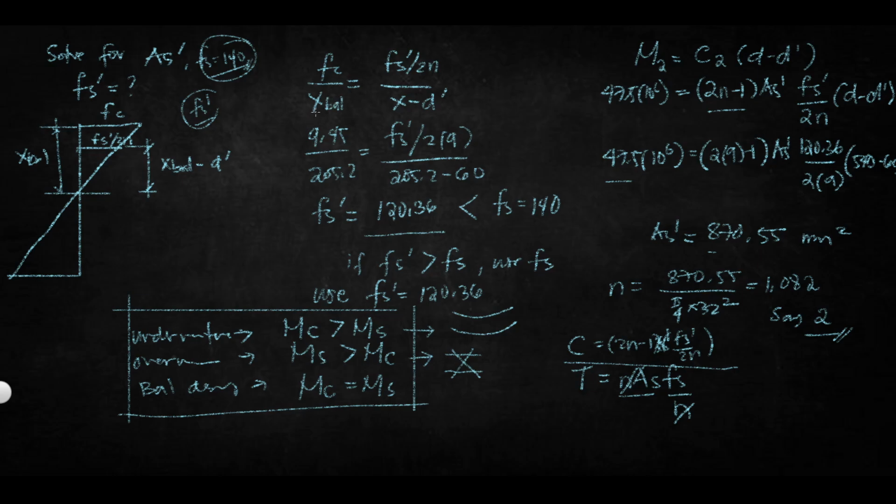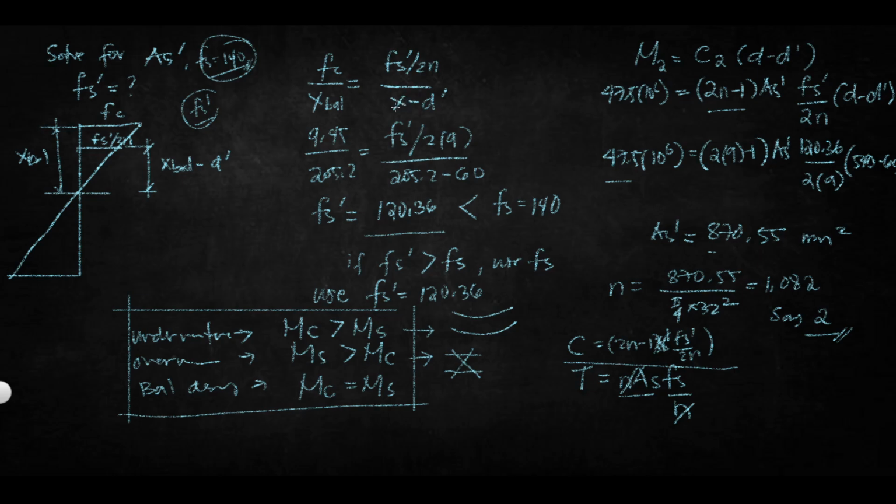Okay, pero dito sa ating problem, dahil balance moment po yung kinuha natin for M1, yun po yung ating magiging X balance, no? Is equal to Fs prime all over 2n all over X minus D prime.